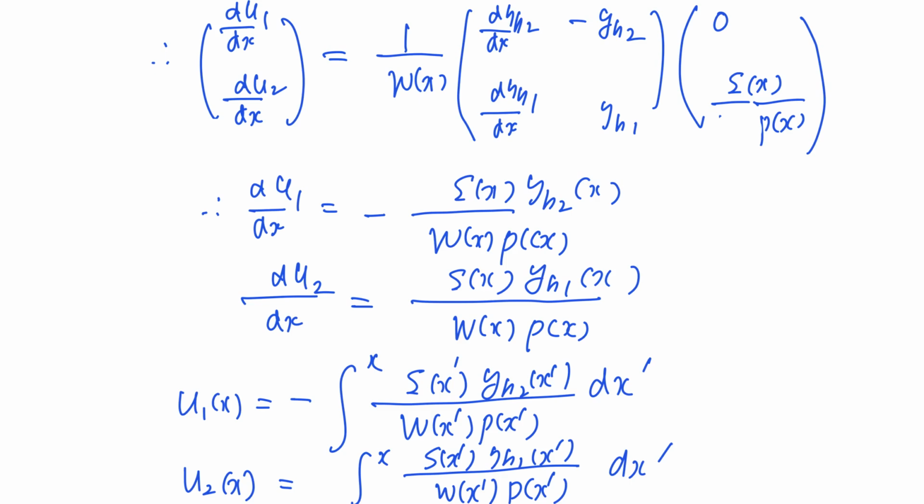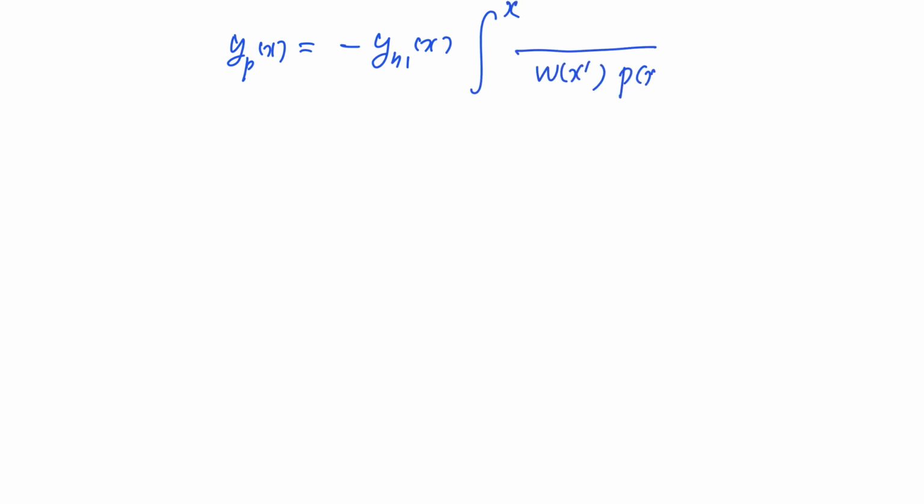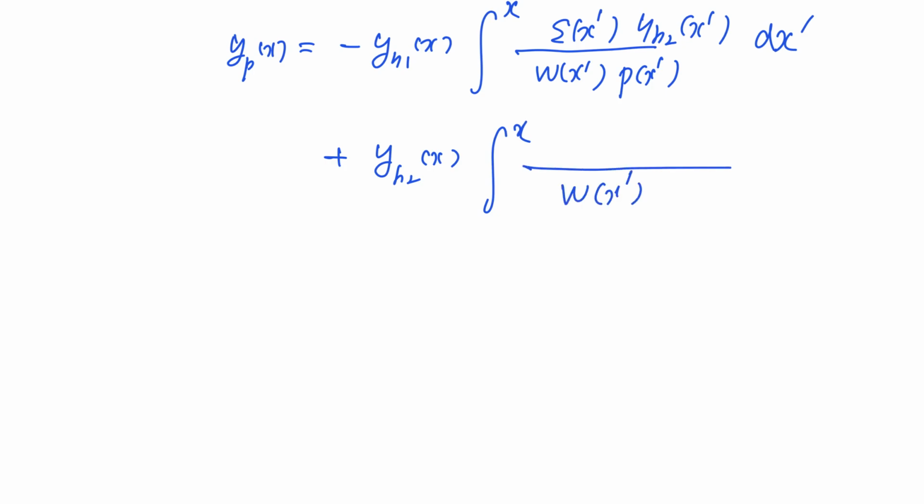Still need time to copy. So particular solution is now given by the following: minus yh1x times the integral of yh2x prime px prime s of x prime plus yh2x times the integral of yh1x prime s of x prime.